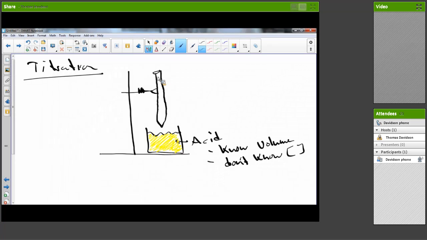It's basically a graduated cylinder with a little valve at the bottom that I can open up and control the volume that I add. You okay with that? Any guesses what I'm going to put in the burette? I'm going to put a base. Now, I am going to know the concentration.